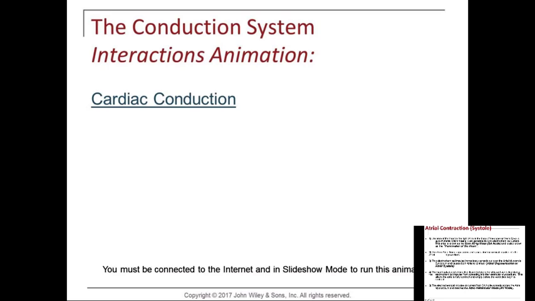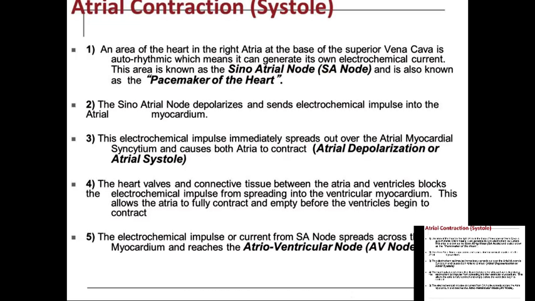Okay, so you can also just go through this flow where it shows the different steps. I just numbered it for you. So we start out at the SA node, which we know is the pacemaker, and it's going to drive that conduction to both atriums so that the atriums contract.